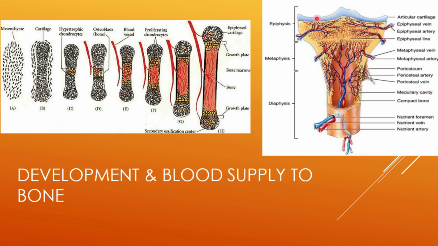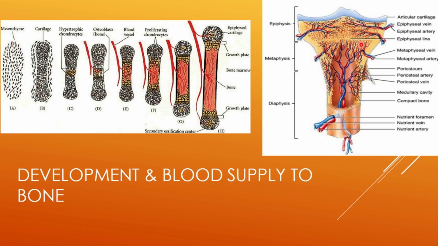Then in an adult bone, which we can see in this image here, that area between the diaphysis and the epiphysis, which when bones are growing we call the growth plate, now just leaves behind a very thin line known as the epiphyseal line.